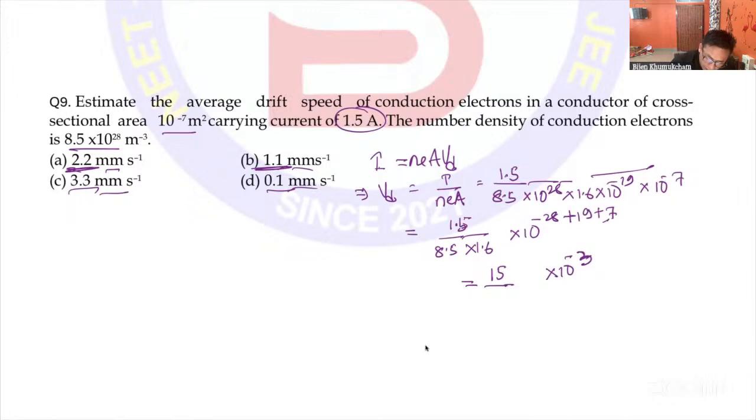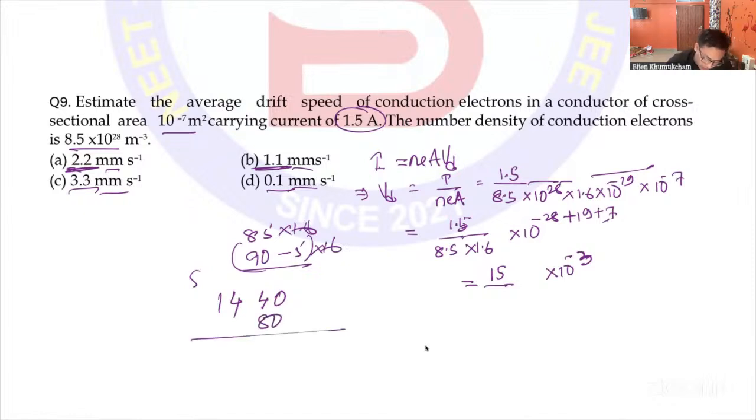I think it will be better if we just find the exact value. 85 into 16. So let's say 90 minus 5, into 16. So it is 1360.